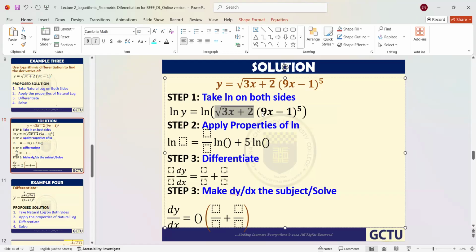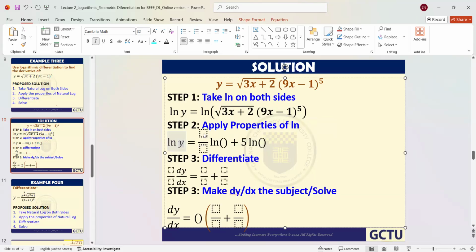And then for this one, I have 9x minus 1 raised to the power 5. So based on the function that this is log, you know log, when things are multiplying, we add. So it becomes addition. And then the power comes to pre-multiply. So the square root becomes half. First of all, the left-hand side will still be ln y.